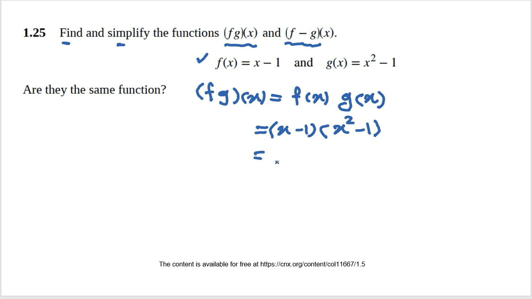So the answer is x to the third minus x squared minus x plus 1.